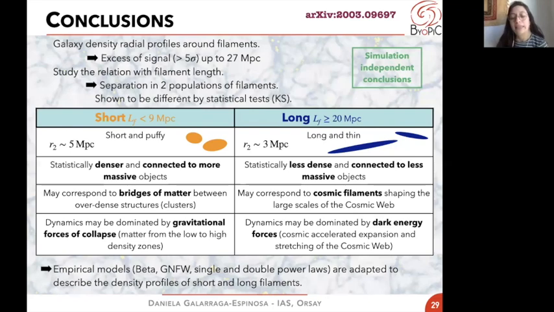And they can be dominated by different dynamics than the short population, for example the dark matter forces that stretch the cosmic web. These two populations can be dominated by different kinds of forces. And yes, we tested empirical models, and I think that's it for me.